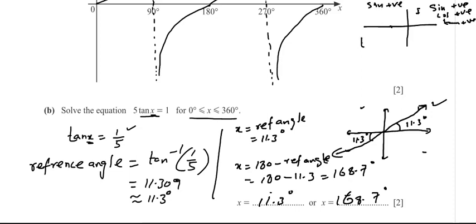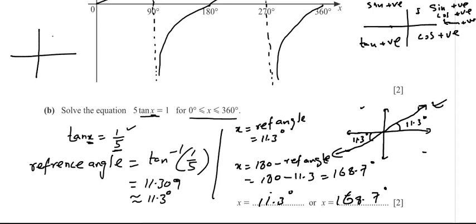In the third quadrant, only tangent is positive. It means the others are negative here. In the fourth quadrant, only cosine is positive. The others are negative. As I had the positive value of tangent here, that is why I took here and here.